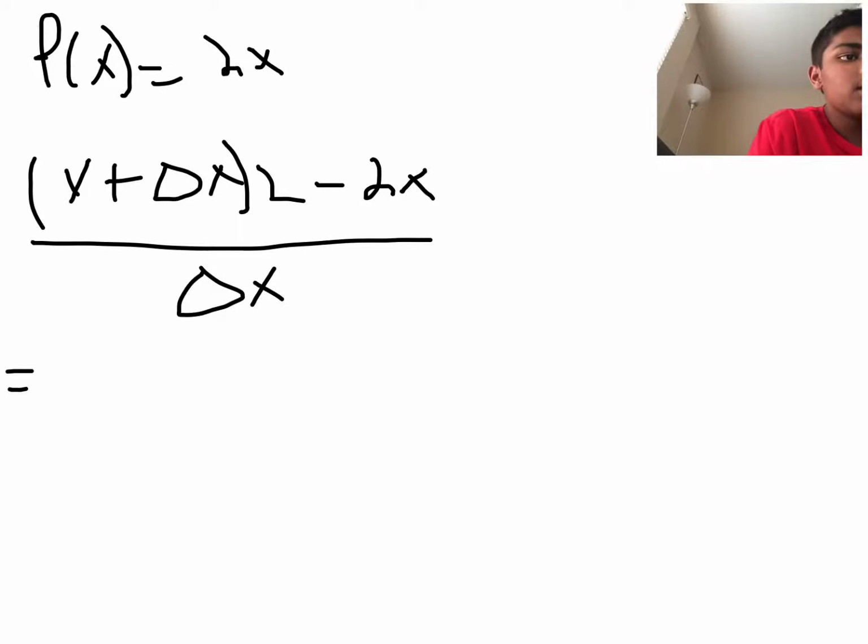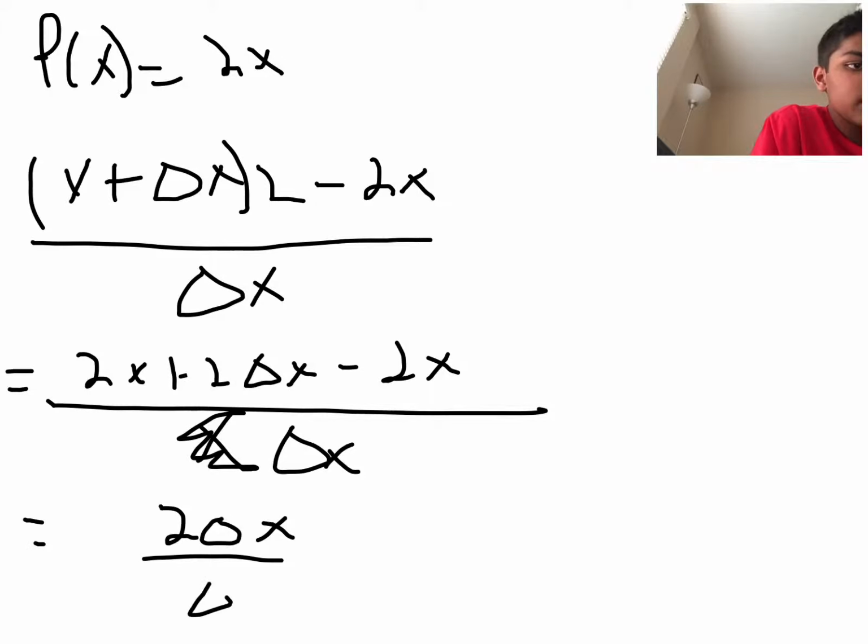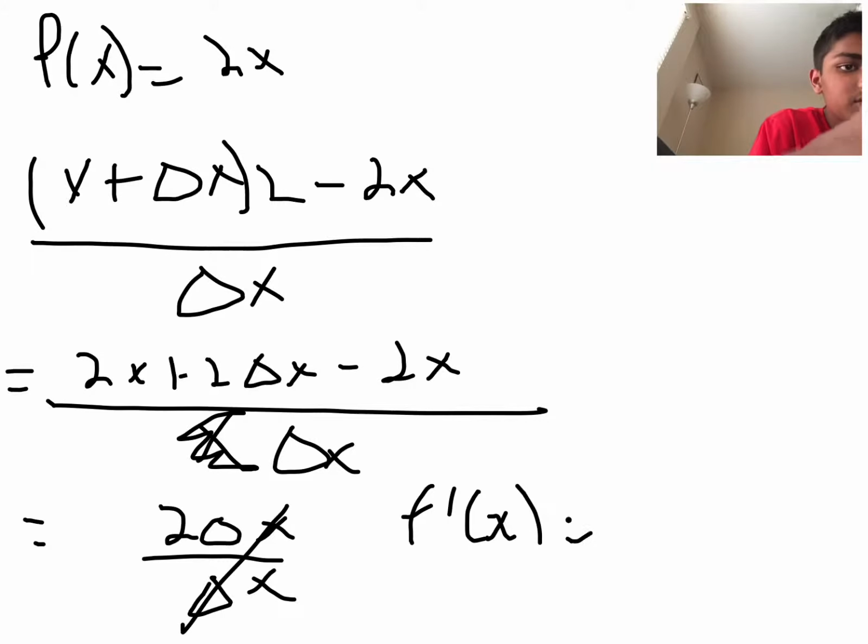So we have 2x plus 2 delta x minus 2x all over delta x. So we have 2 delta x all over delta x, and it just cancels out, and we have f prime of x is equal to 2. Moving on.